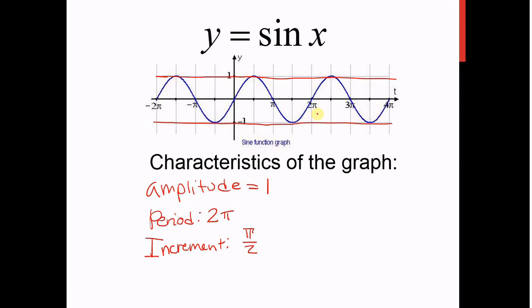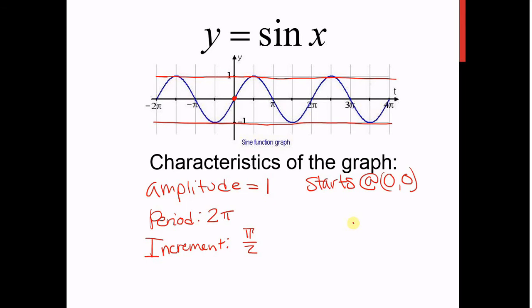Now, what makes sine different than cosine? Sine is going to start at 0, 0. It's going to run through the origin, or wherever your origin may be once we start doing some vertical shift. Then it's going to climb up and then go down, and up and then go down.